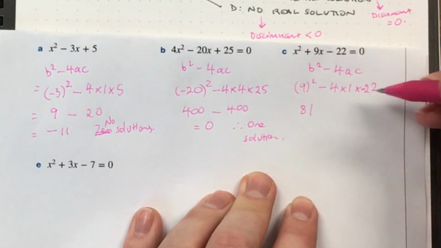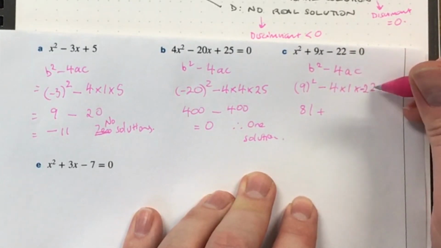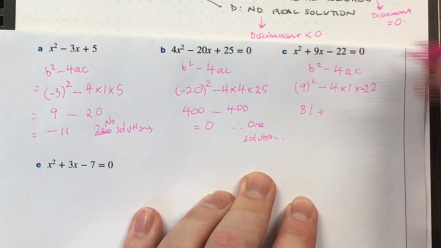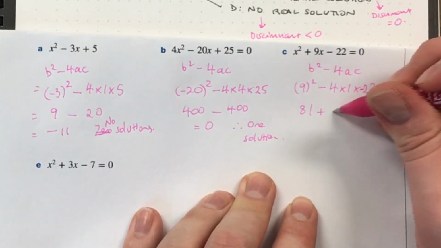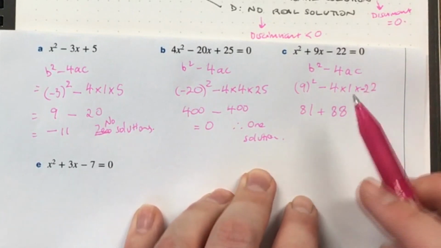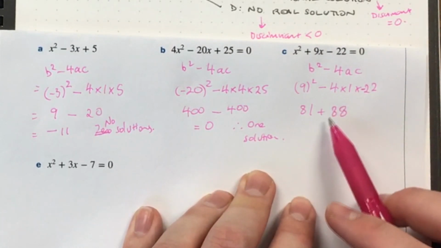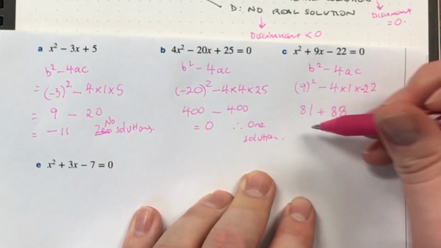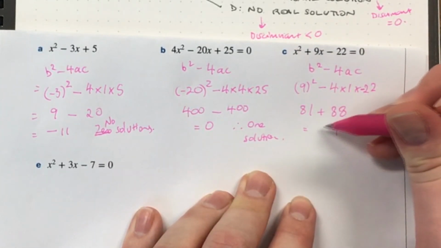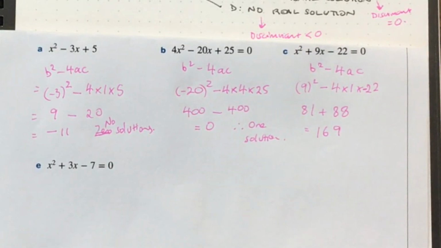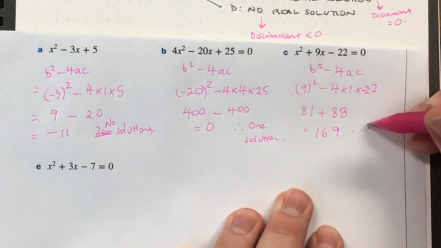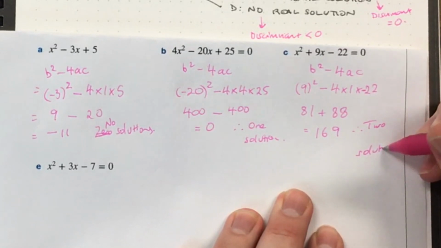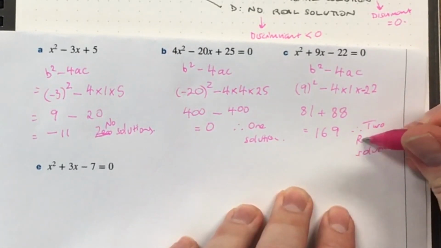So this is going to be 81 plus 88, because negative 4 times negative 22 is positive 88. That's going to be 169. Is that a square rootable number? Yes, because the square root of 169 is 13. So there's going to be 2 solutions. Are they going to be rational or irrational? Rational.